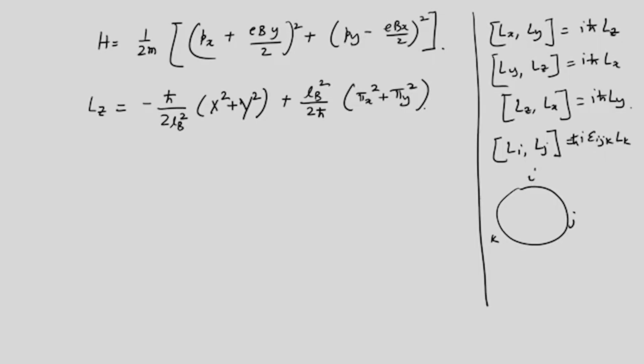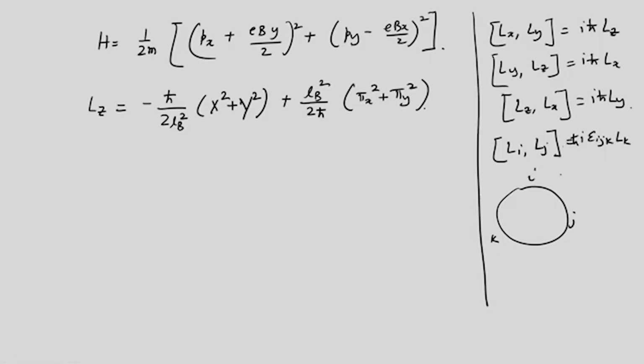So if you write the commutator of Ly, Lx, it will be a negative i h cross Lk. And if two of the indices are the same, then of course the Levi-Civita tensor is equal to 0. We can understand that if i and j are the same, then of course they commute, and the commutation relation gives you 0.